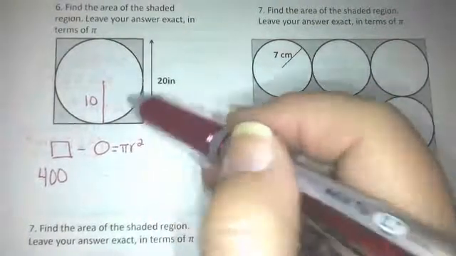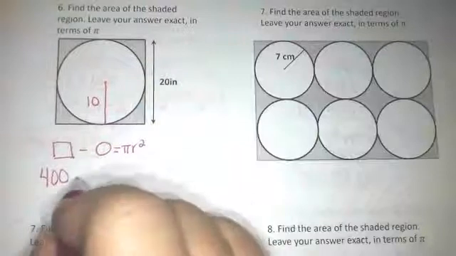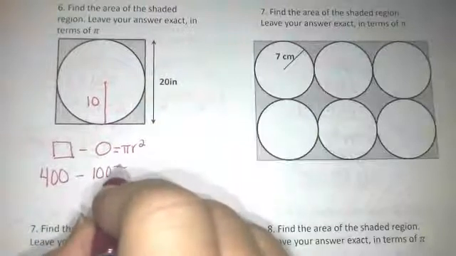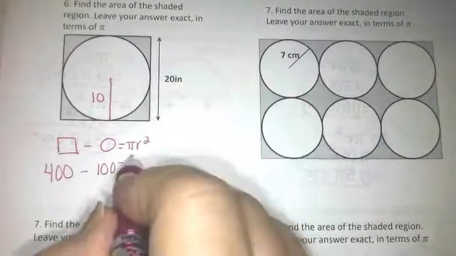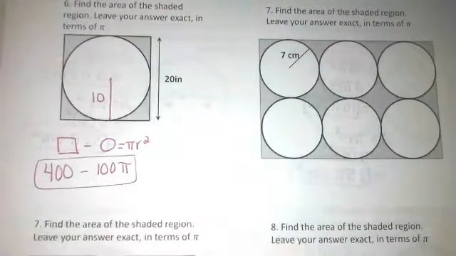Remember to find the radius before you do pi r squared. So that is 100 pi. And guess what? That's it. The directions said leave it. So leave it in terms of pi. Any questions?